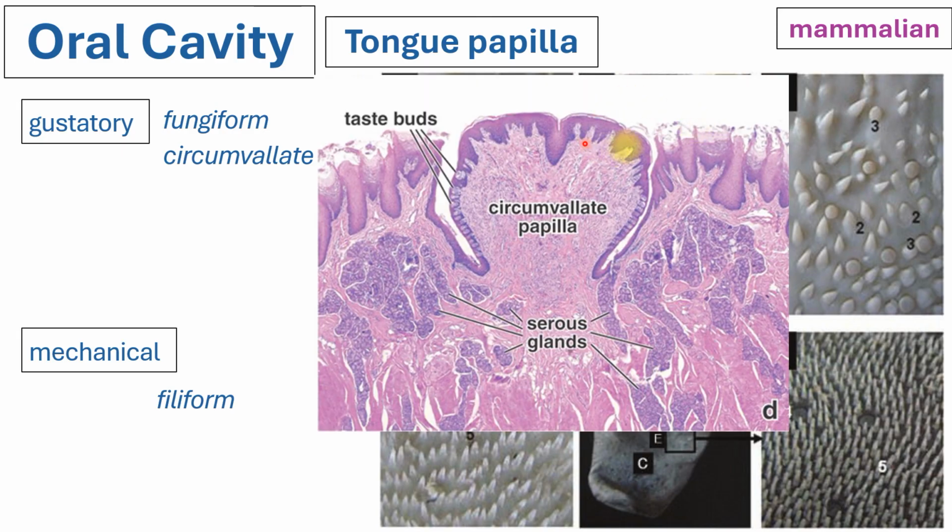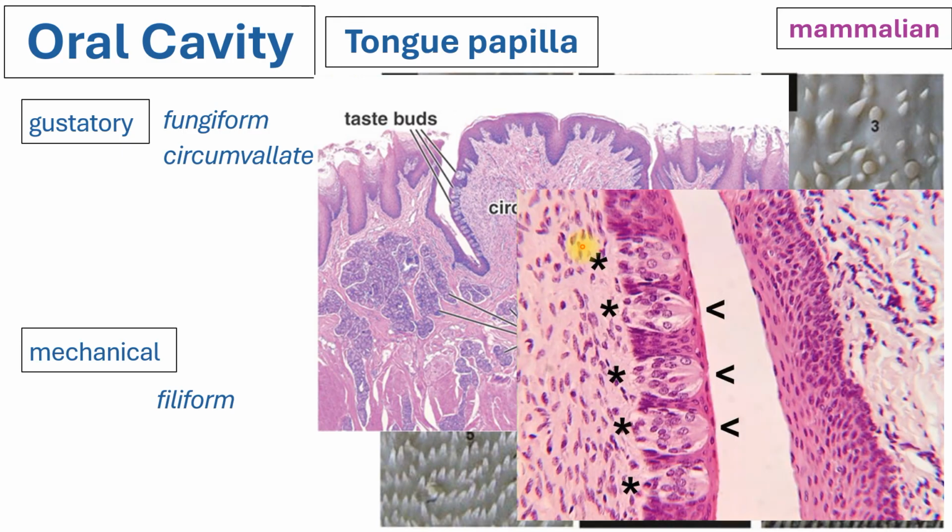So histologically, it looks like this, and this time around, we can clearly see the taste buds located in the valley. That's why it's called circumvallate, because there is a valley surrounding this papilla.